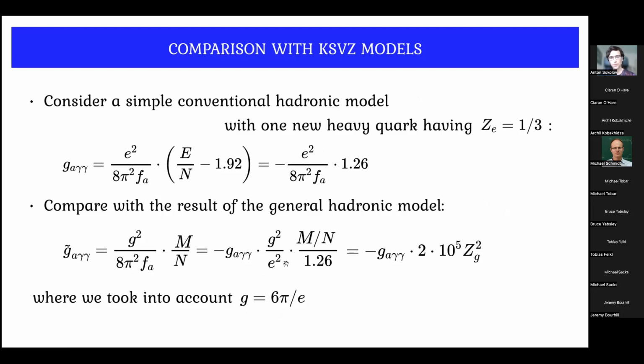Because the magnetic charge is very large and the electric charge is small, we get a huge enhancement of the coupling by 5 orders of magnitude, and potentially even more depending on the value of the magnetic charge, Z here.